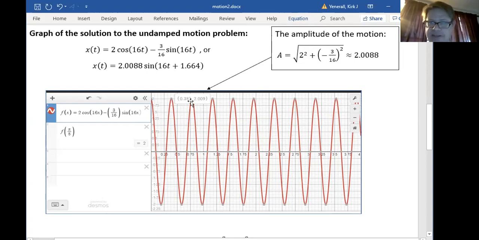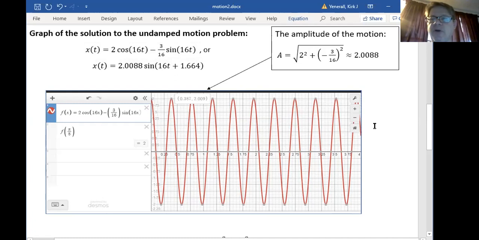And it's just going to constantly oscillate back and forth between those extremes. You can see here I've written the alternative form for the equation using amplitude and phase that your book talks about. If you'd like, as an exercise, you can investigate and verify that that's an alternative way of writing that equation of motion.